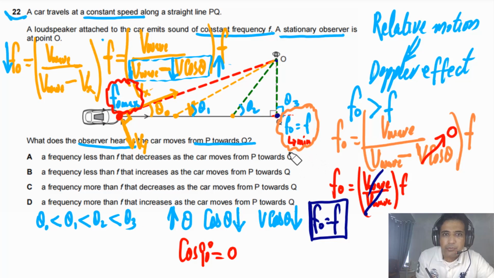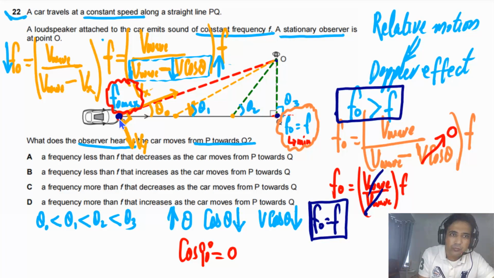Now let's summarize what we have discussed about the Doppler effect. We have discussed one very important point for this question: f observed is always greater than f. When the source moves from this point to this point, f observed is greater than the frequency of sound produced by the source.